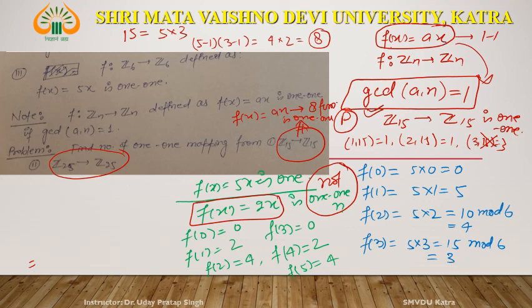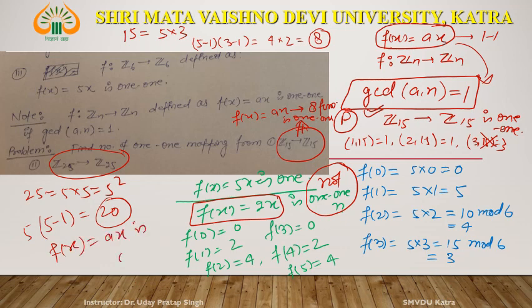Then phi(25) is equal to 5 into 5, that is 5 square, and 5 minus 1. 5 into 5 minus 1, that is 20. 20 functions of the type f(x) is equal to ax is 1-1 from Z25 to Z25.